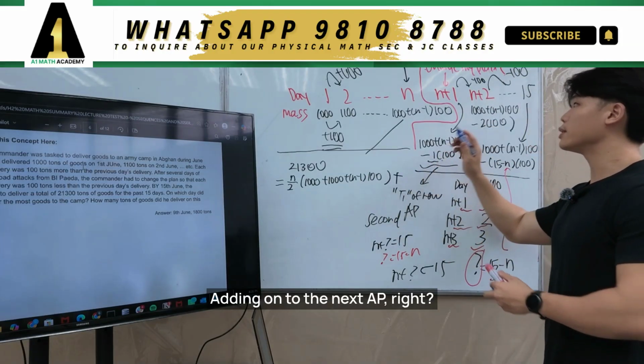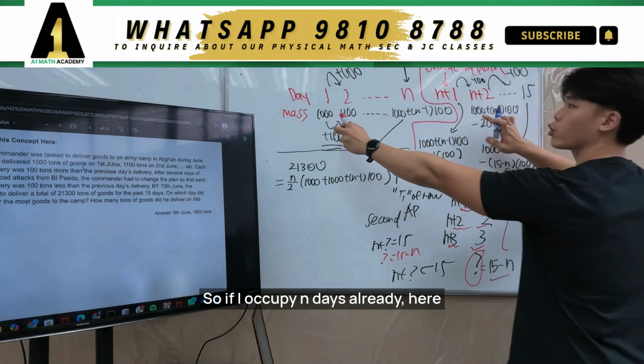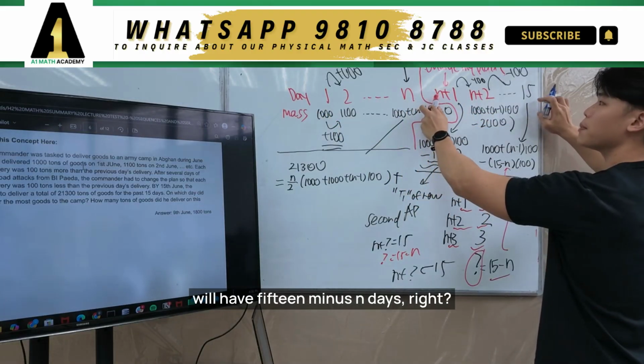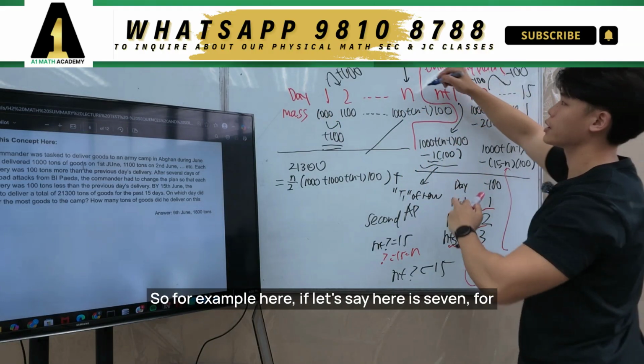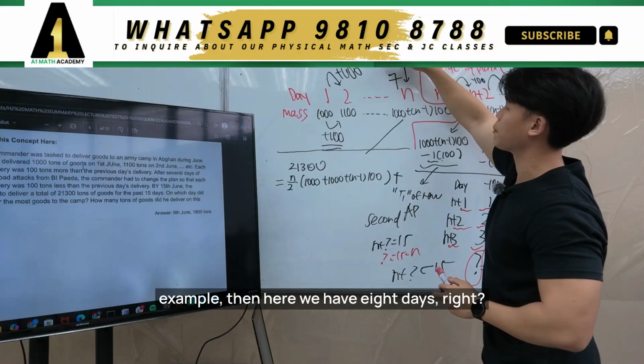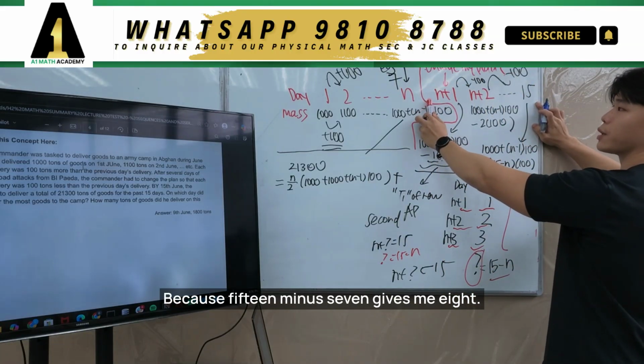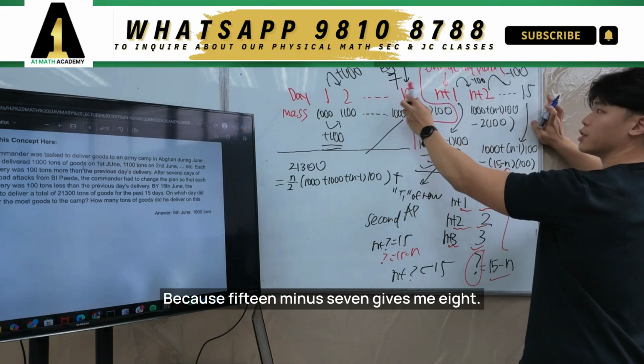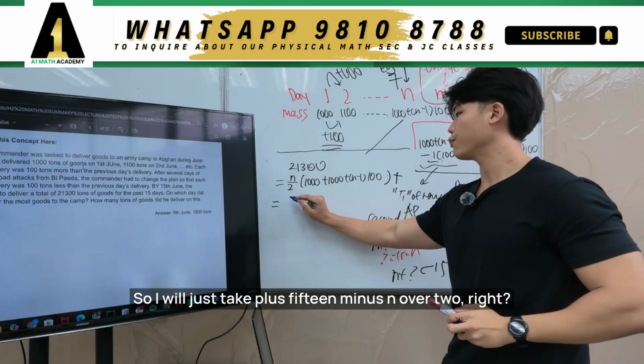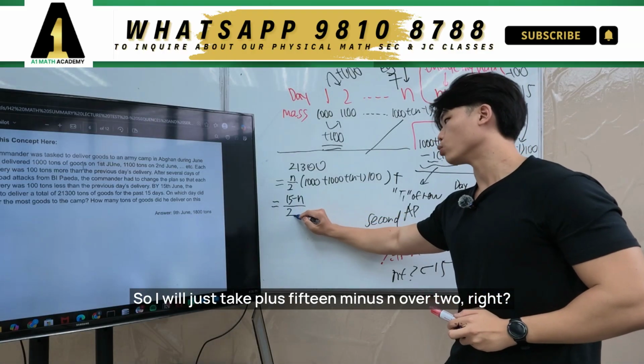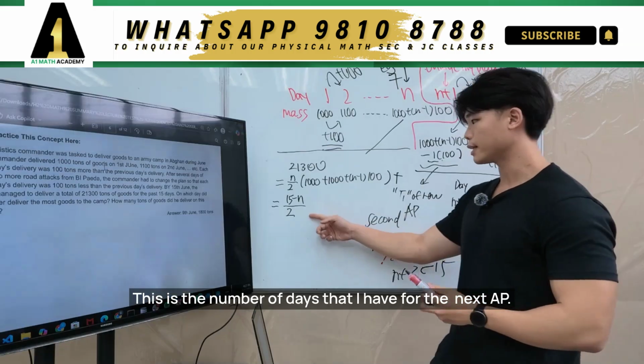Adding on to the next AP, if I occupy n days already, here we'll have 15 minus n days. For example, if here is 7, then here we have 8 days, because 15 minus 7 gives me 8. So I will just take plus 15 minus n over 2. This is the number of days that I have for the next AP.